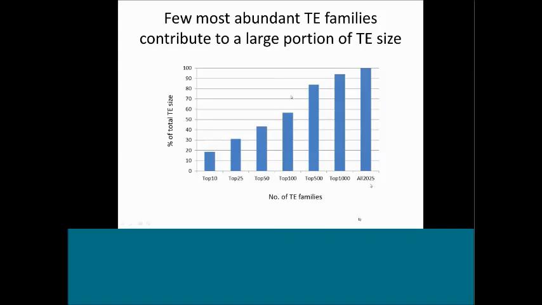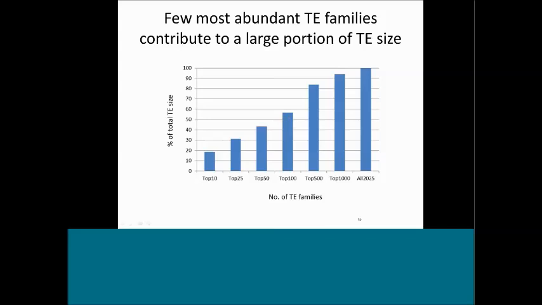If we look at their contribution to the total repeat size, you can see here that the top 10 element families contributed almost 20% of the total repeat size. So only 10 element families. And the top 100 contributed over half of the total repeat size.